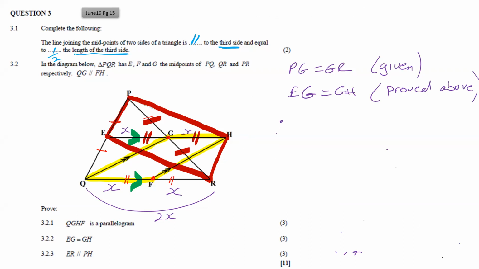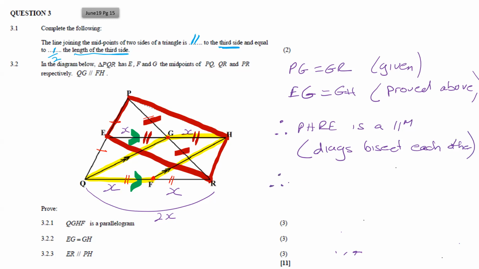So therefore, PHRE is a parallelogram. And the reason why is the diagonals bisect each other.